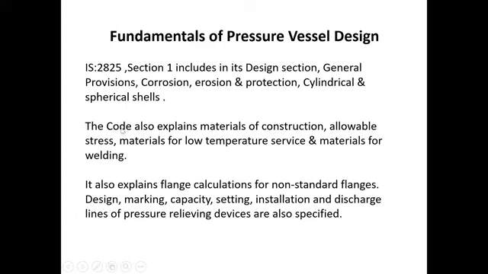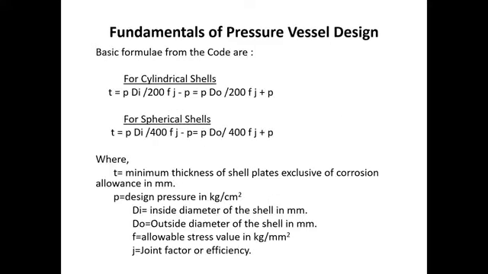The code also explains the material of construction, allowable stresses, material for low temperature service and material for welding. It also explains the flange calculations for non-standard flanges, and the design, marking, capacity, setting, installations, and discharge lines of pressure relieving devices are also specified. So there are various details related to pressure vessels under this IS 2825.